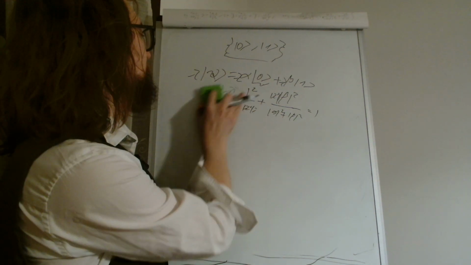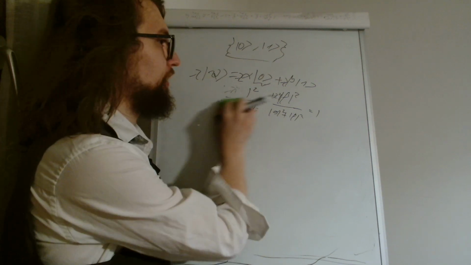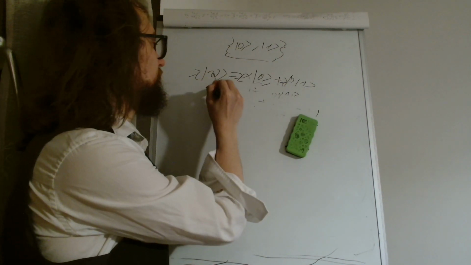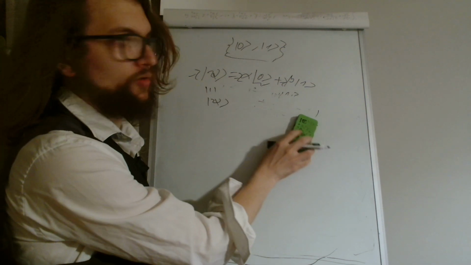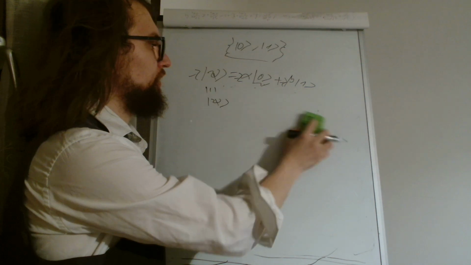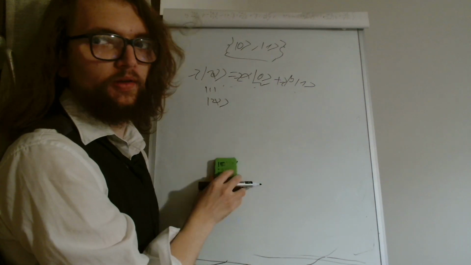So you can multiply psi by any complex number and it will be equivalent to psi. It will represent the same physical state.